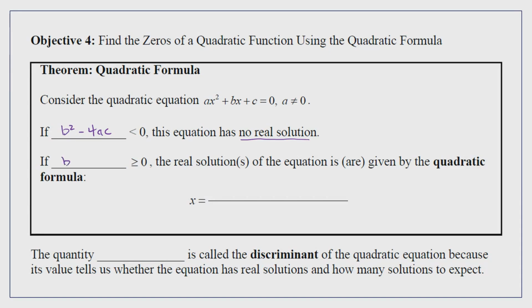If b squared minus 4ac is greater than or equal to 0, the real solutions of this equation are given by the quadratic formula: x equals -b plus or minus the square root of b squared minus 4ac, all over 2a.